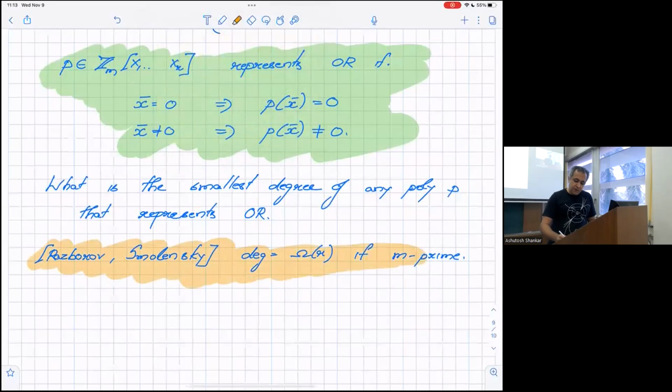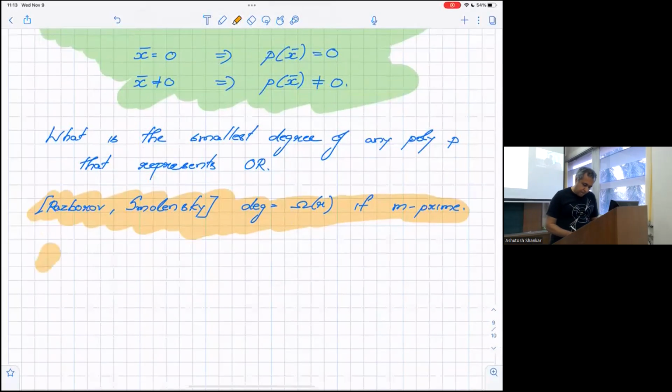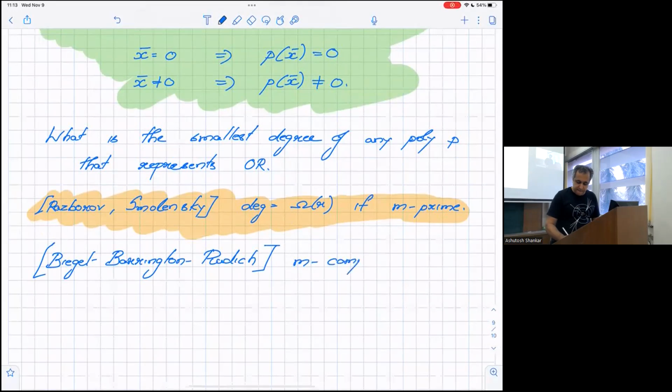But what happens if m is composite? Can the degree considerably reduce? This is what Barrington and Beigel and Rudich showed. Suppose m is composite with t distinct prime factors.